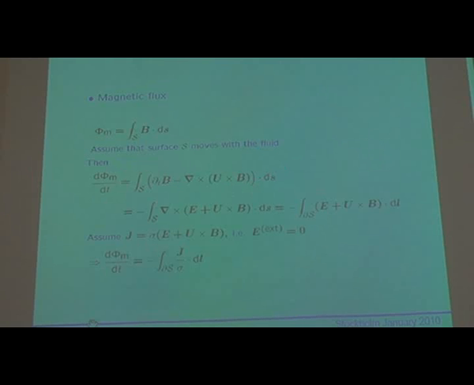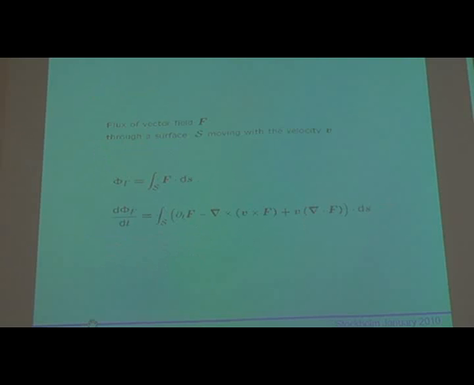I have written it on the next slide. Consider any vector field F and a surface moving with a velocity v. Then you can derive by a simple geometrical consideration this relation for the time derivative of the flux.